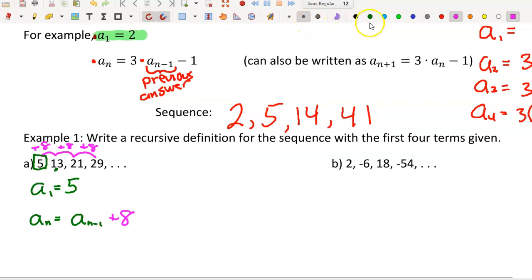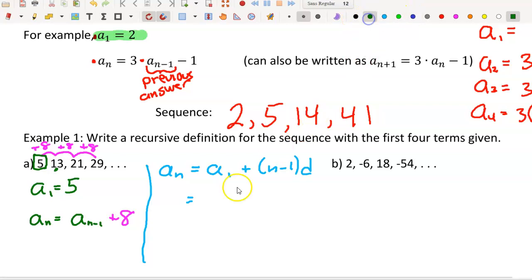And just to compare these side by side, we have the other definition for arithmetic sequences. So it's this one. I could plug it in here and get exactly the same numbers.